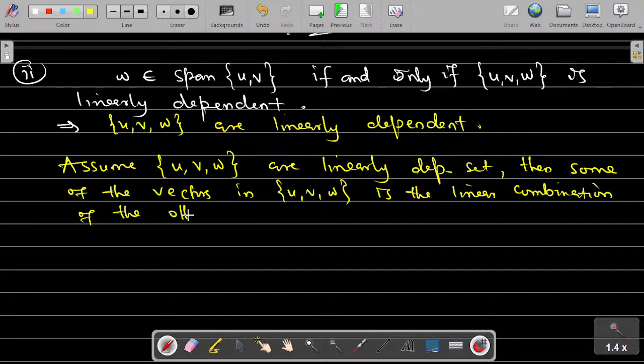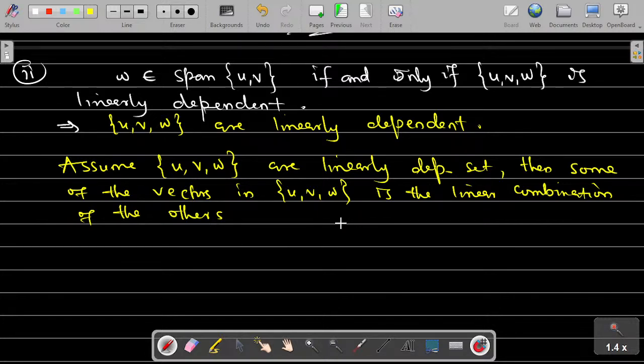Because that's the only way you can say that they are linearly dependent. Remember, we have been seeing examples like that. So if they are linearly dependent, then at least some of them can be written as a multiple or a linear combination of the others.